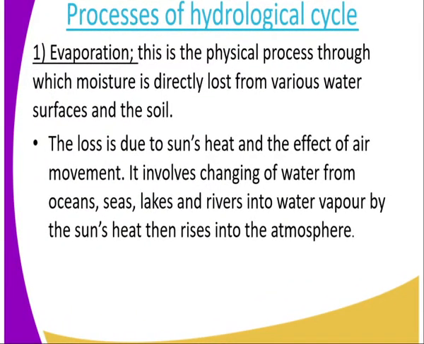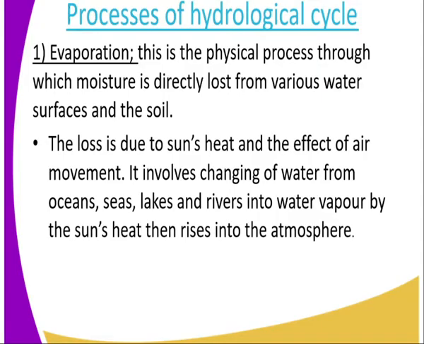One of the processes is evaporation. Evaporation is the physical process through which moisture is directly lost from various water surfaces and the soil. That process of water surfaces and the soil losing the moisture present in them to the atmosphere, we refer to as evaporation.